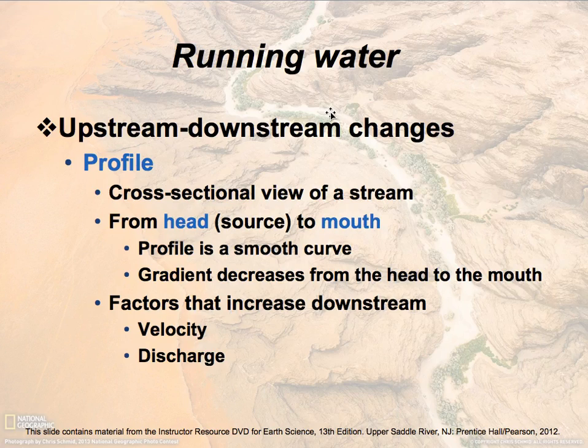It's not really an illustration of a stream, it's more a plot of the different aspects of that stream. Stream profiles go from the head or the source to the mouth or the outlet. The profile is a smooth curve and is characterized, in general terms, by gradient decreasing from the head to the mouth, or the source to the outlet.